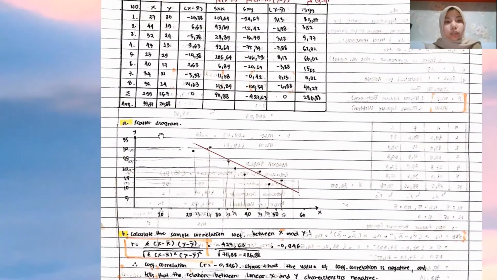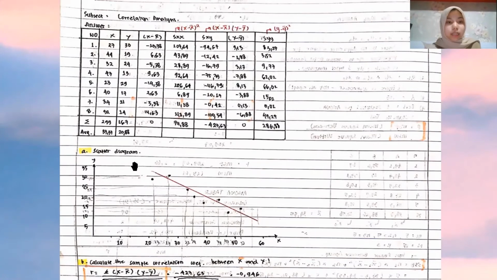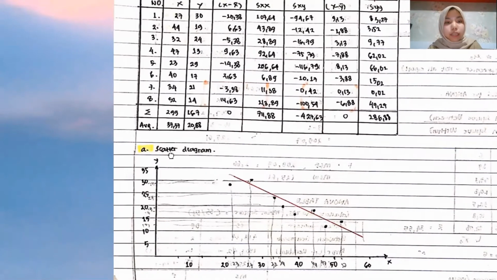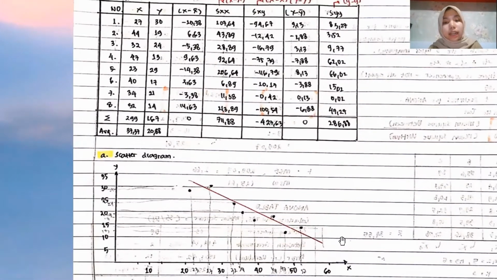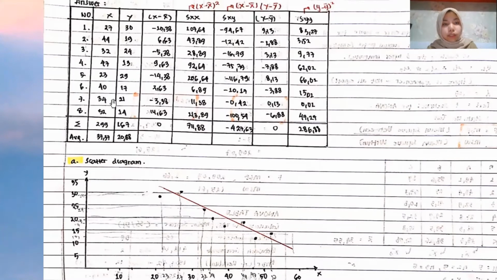In A, we need to make a scatter diagram, making a y-axis and an x-axis. For the x-axis, as we can see from the data, the values are 27, 44, 32, 47, and so on. And then the y-axis is 13, 19, 24, 13, and so on.